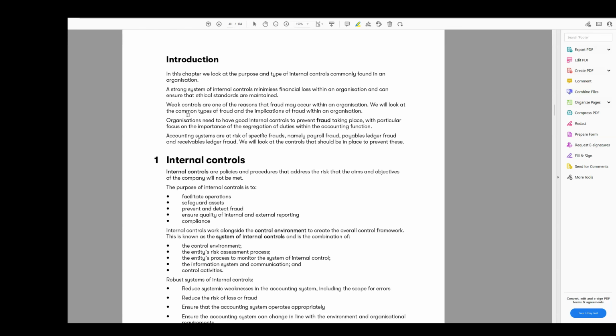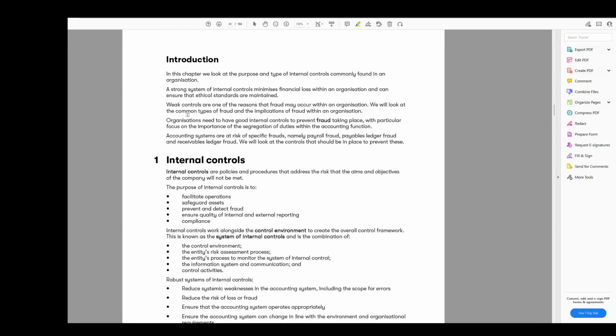So within the accounting function, we need to make sure one person doesn't do all the job. For example, one person is in charge of ordering all the purchases or all the materials we need for the organization, and at the same time this person is responsible or authorized to make the payment for all the invoices.